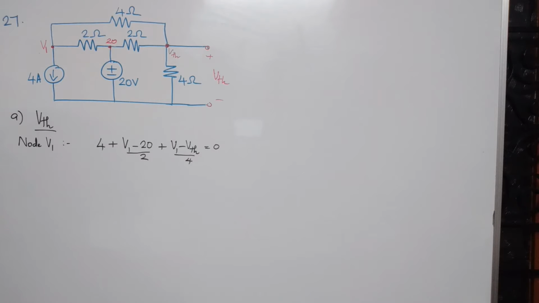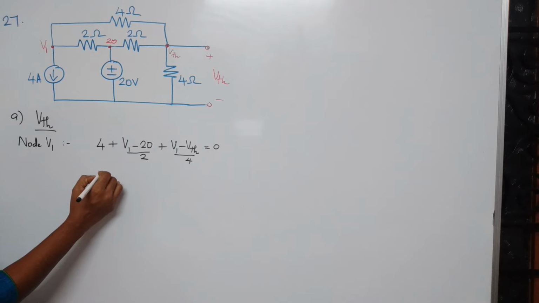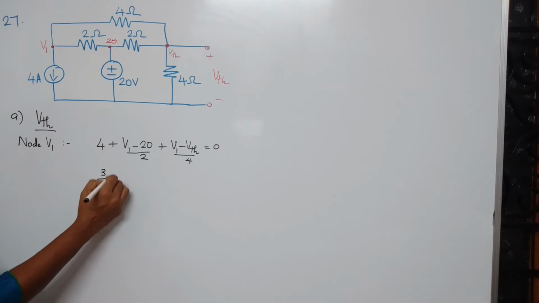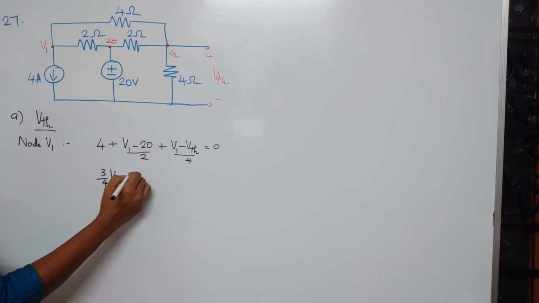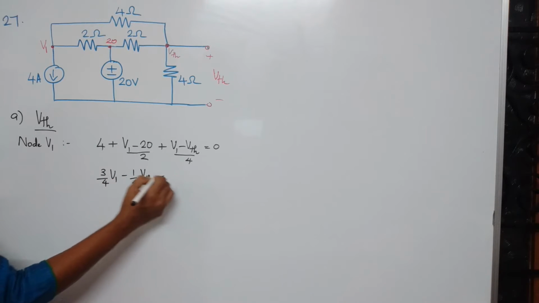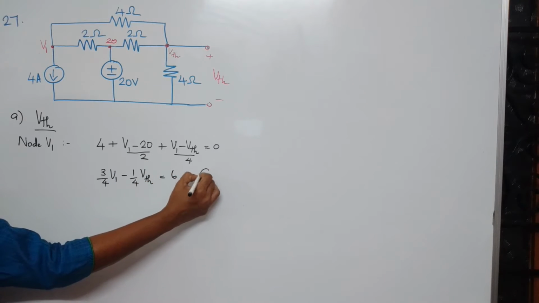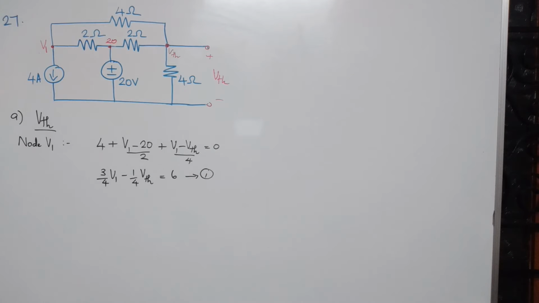Or we'll get V1 by 2 and V1 by 4, which is 3 by 4 V1, minus 1 by 4 VTH equal to 6. This is our equation number 1.